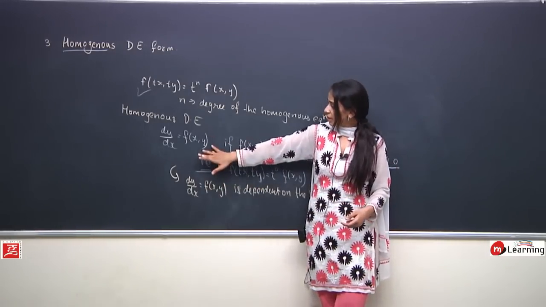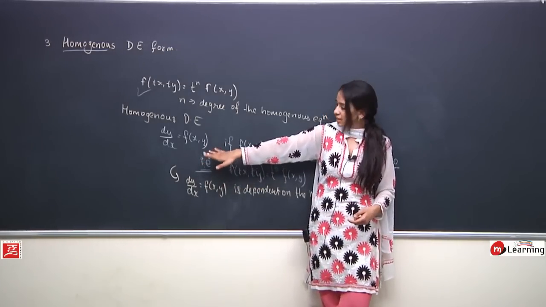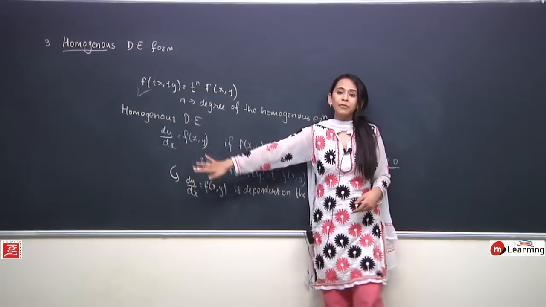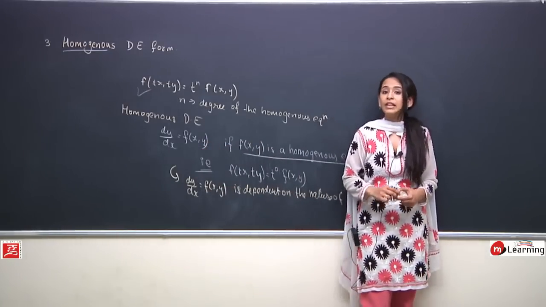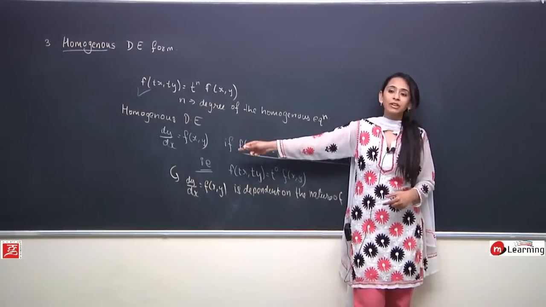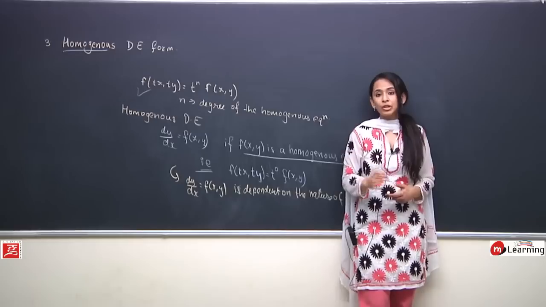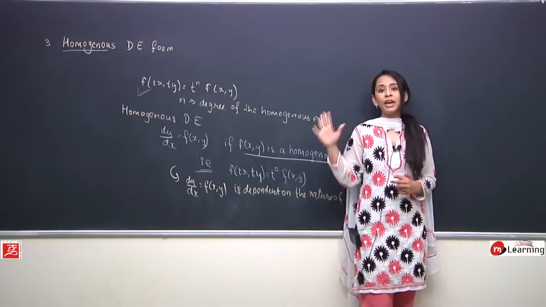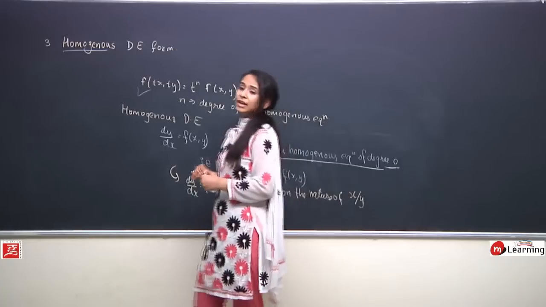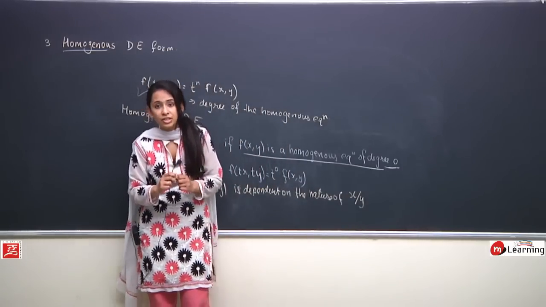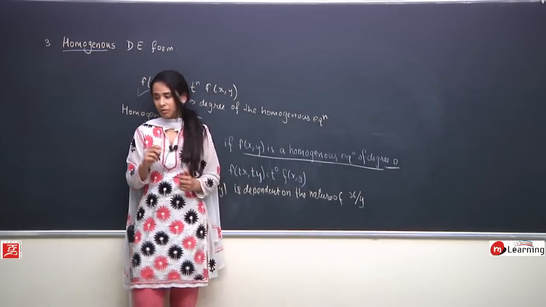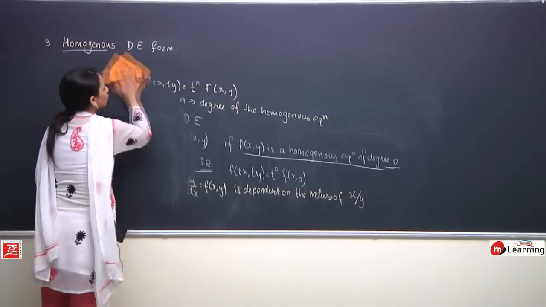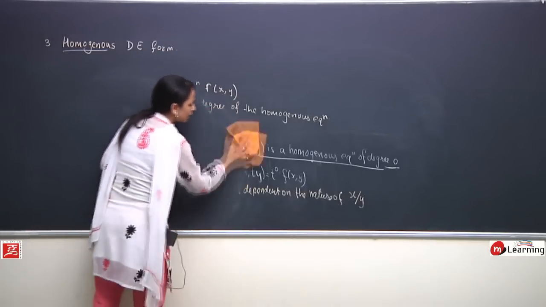A homogeneous differential equation of the form dy by dx equals f of x, y is said to be a homogeneous differential equation when f of x, y is a homogeneous equation of degree 0, or I can say that this function f of x, y is just dependent upon the nature of x upon y rather than being dependent upon the nature of x and y individually. So सभी को clear है that how do we define a homogeneous equation and a homogeneous differential equation. Perfect. Now let us try to understand how to solve a homogeneous differential equation.